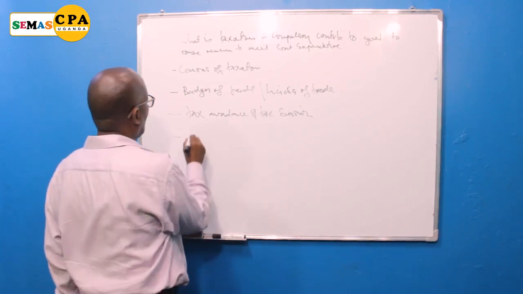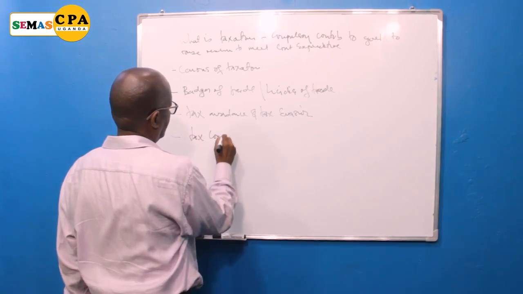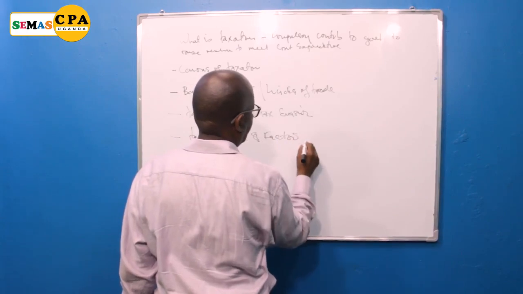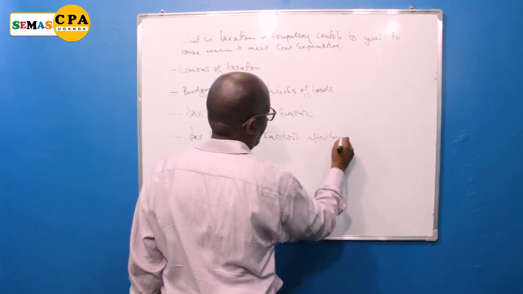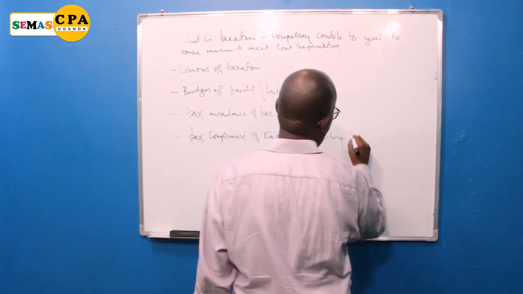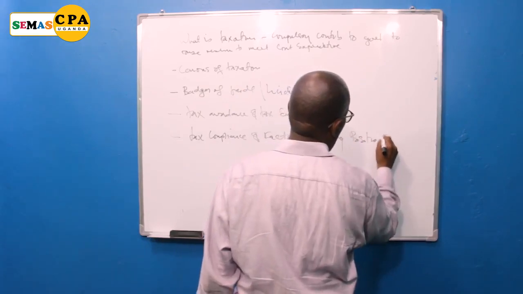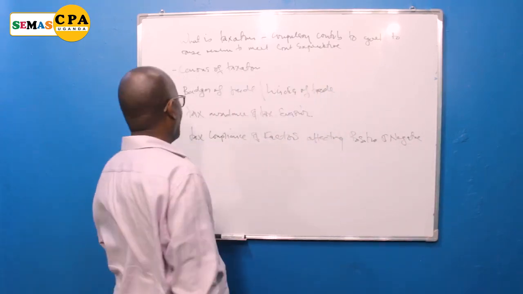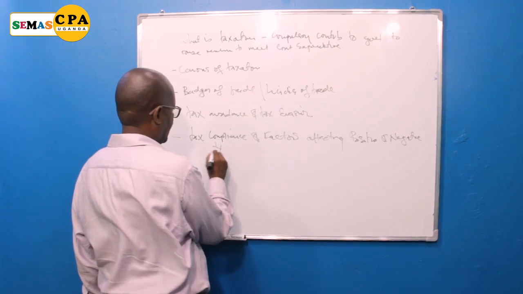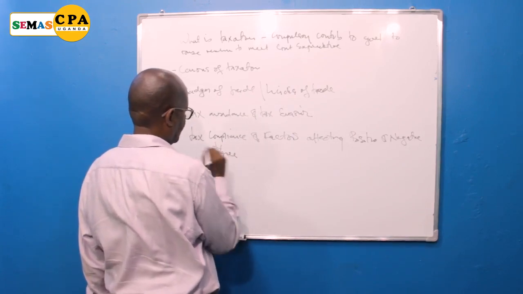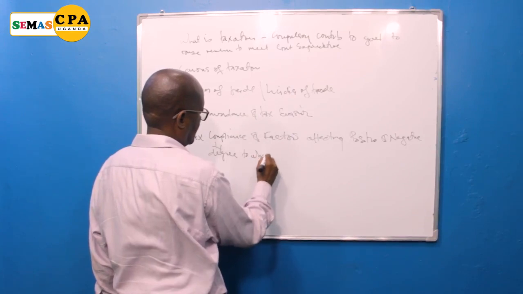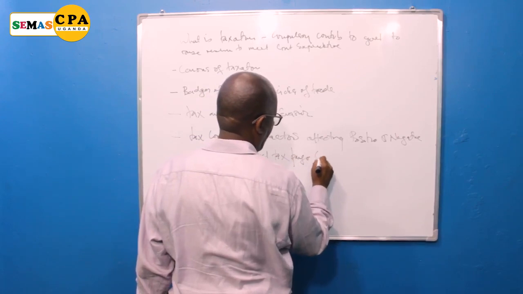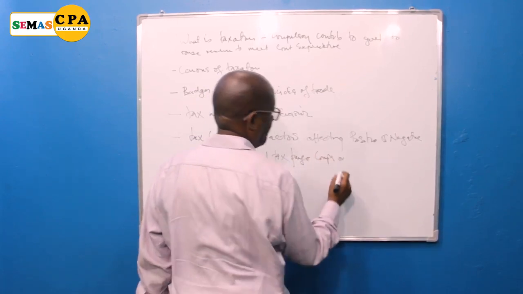We need to know what is tax compliance and factors affecting tax compliance. So these factors can be both positive and negative. When they talk about tax compliance, it is a degree, and you know degrees vary, to which taxpayers comply or fail to comply.